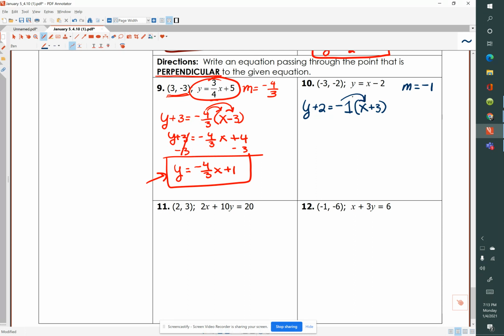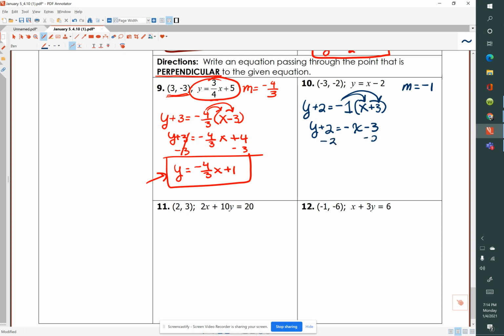And then distribute that -1 to give us y plus 2 equals negative x minus 3. Negative 1 times positive 3 is minus 3.